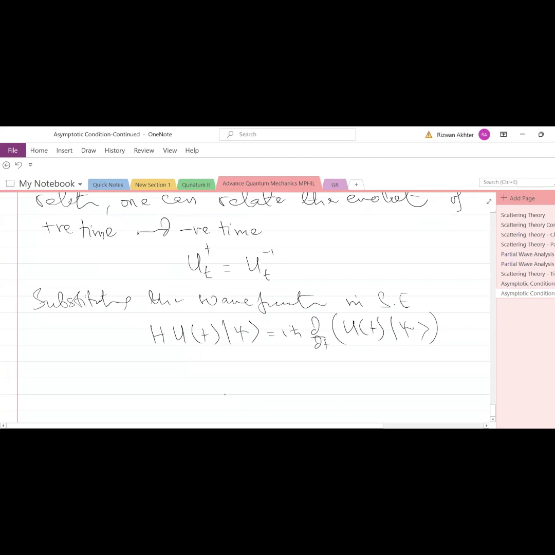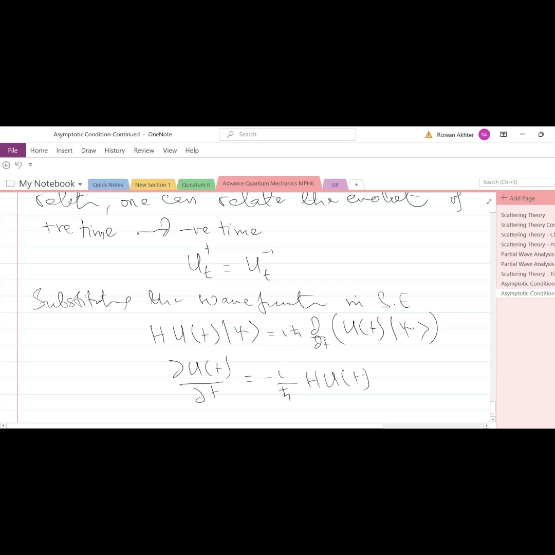And this is in fact nothing but dU of t upon dt equals minus iota over h bar H U of t.